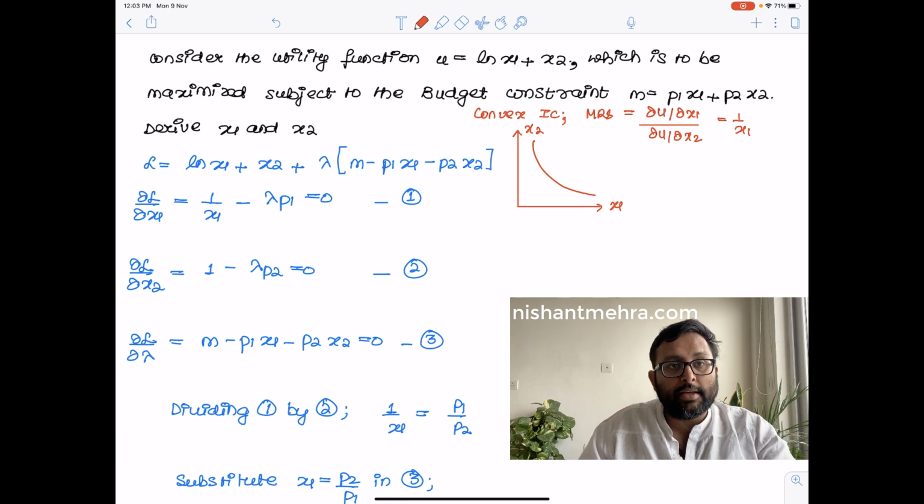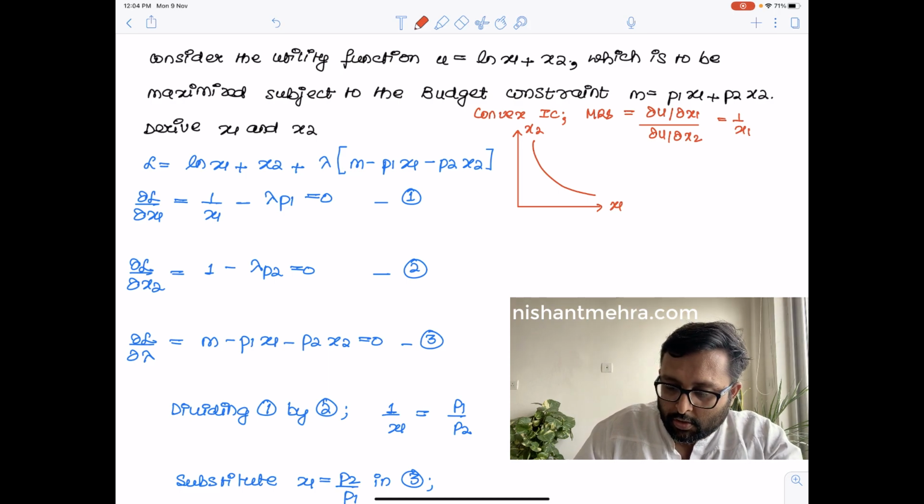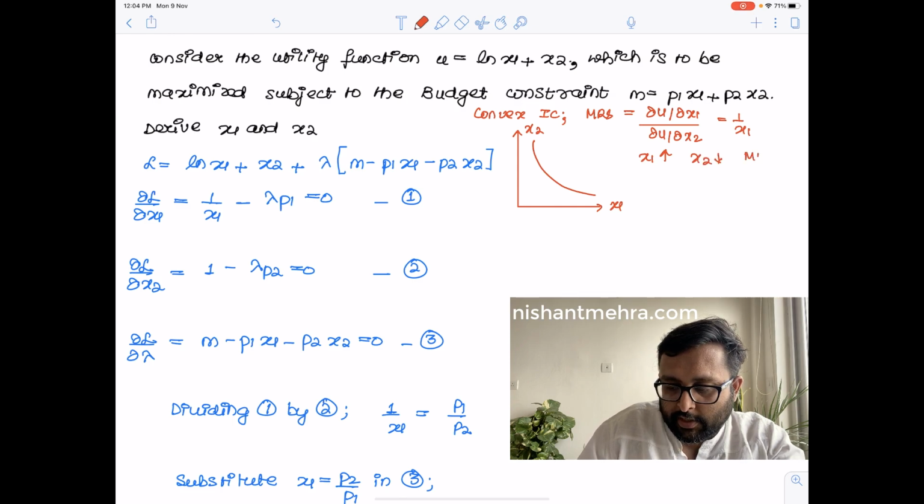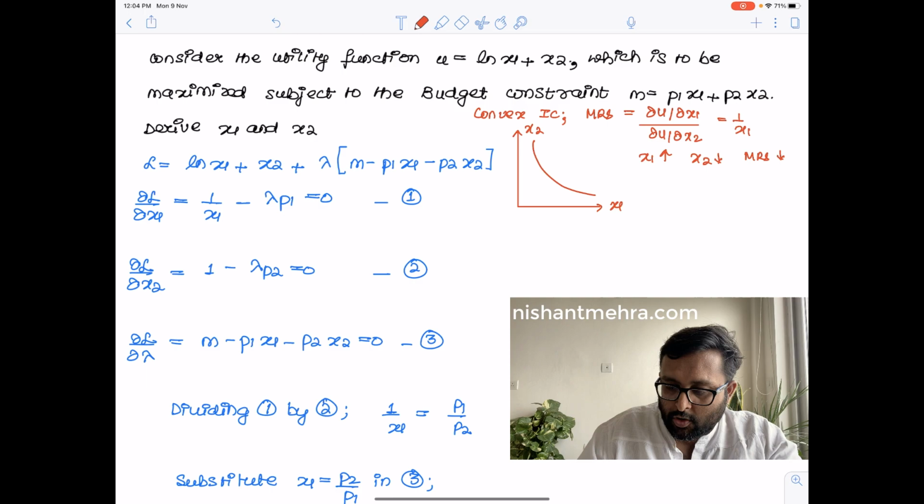Or x1 is constant and x2 is falling, then also MRS is diminishing.